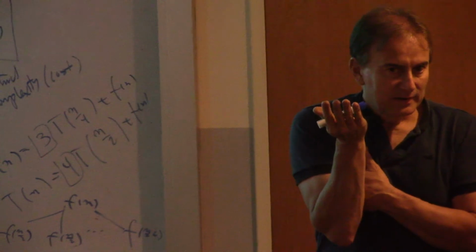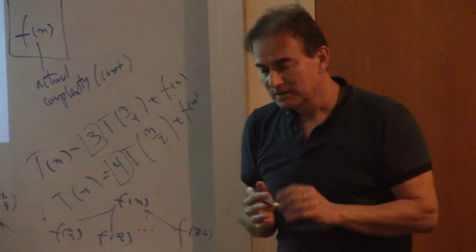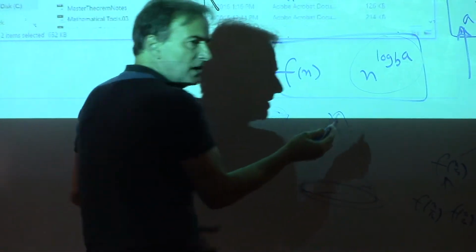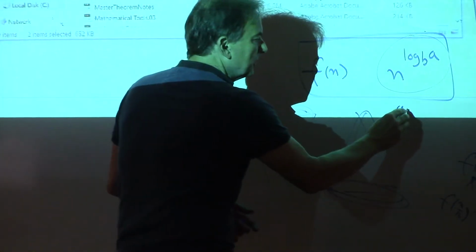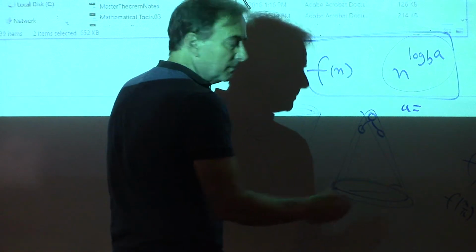Do you know why? It's not that complicated, because you guys know the powers of 2. Imagine that this tree is doubling. So a is equal to what? 2.